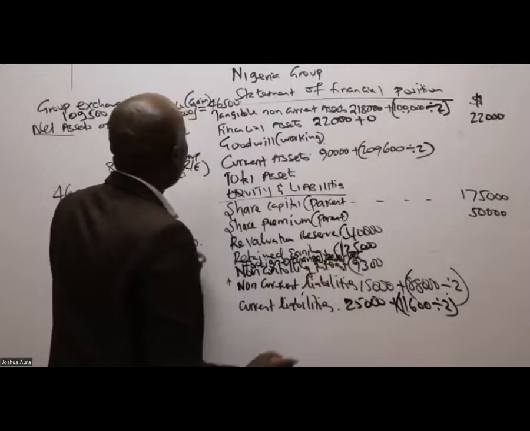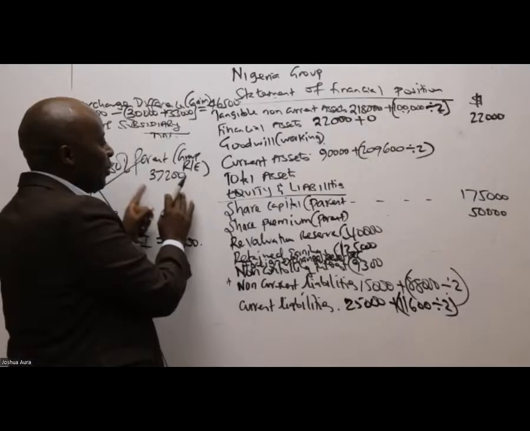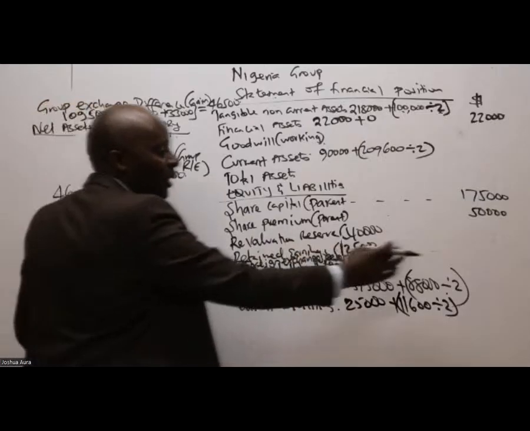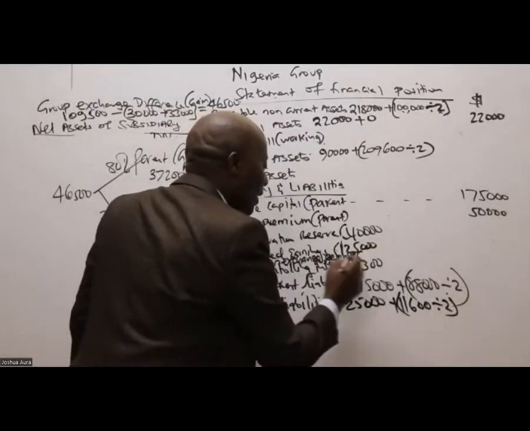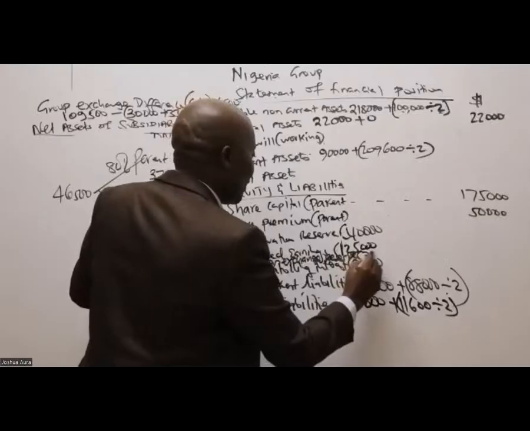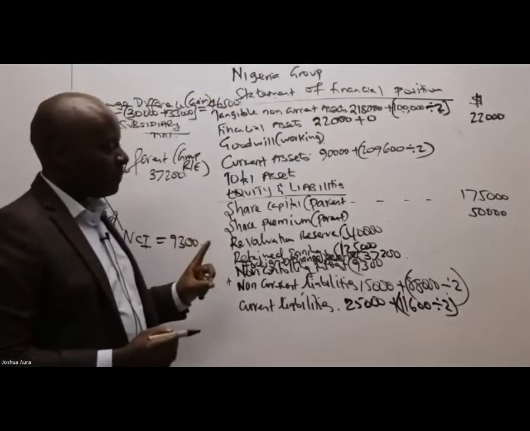The one of the parent will go to the equity of the parent, but don't take it as the last figure here. We'll still have something. So for foreign exchange reserve, you're just writing as a working 37,200 there.